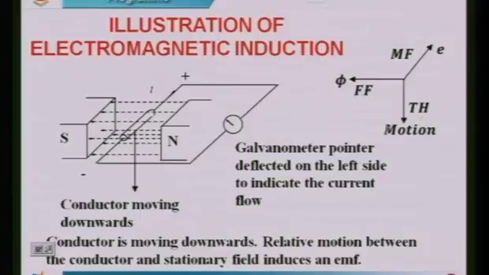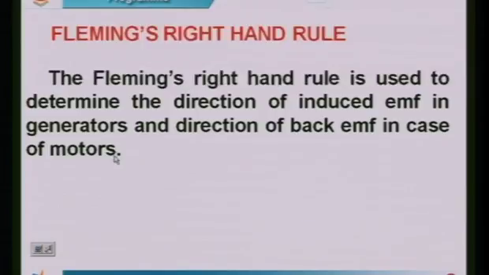This is the representation of the right hand, where the thumb shows the direction of movement of the conductor. The forefinger is showing the direction of the flux, and the middle finger shows the direction of the induced EMF, in which case this becomes positive and this becomes negative.